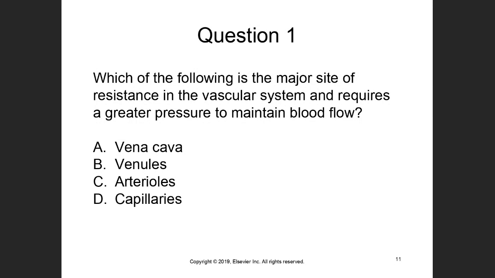The major resistance in our body is in what is called the peripheral vascular resistance. Peripheral vascular resistance is all the arterioles; the diameters of all the arterioles act together. Right there, you have the biggest resistance in your body.